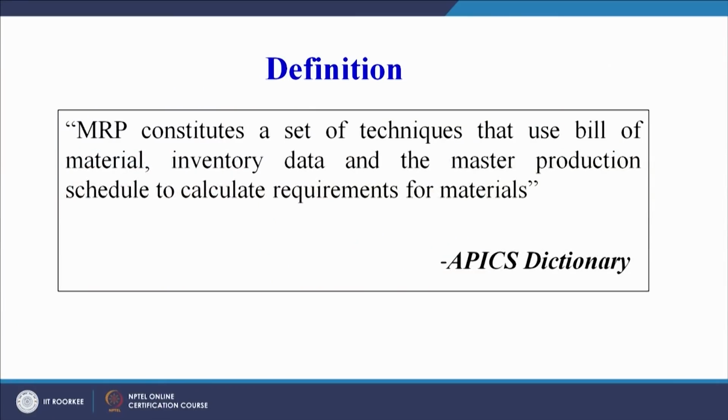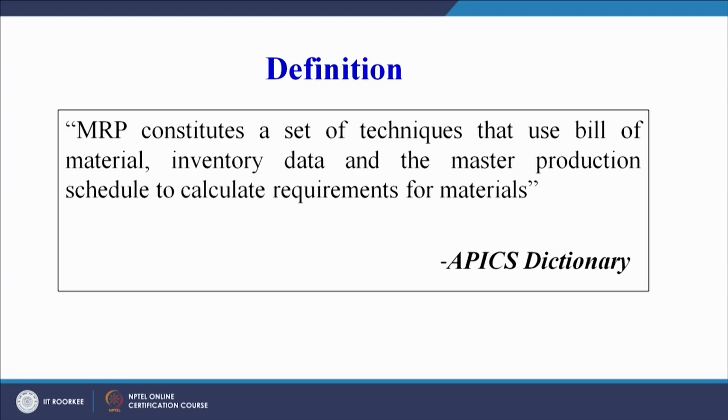The outputs will be primary outputs as well as secondary outputs, which we will cover in the course of our discussion today as well as in the next session. But basically, in order to use MRP, we require three types of inputs, and all these are given on your screen: the bill of materials, the inventory data, as well as the master production schedule.